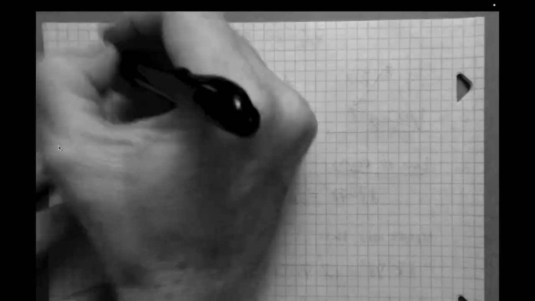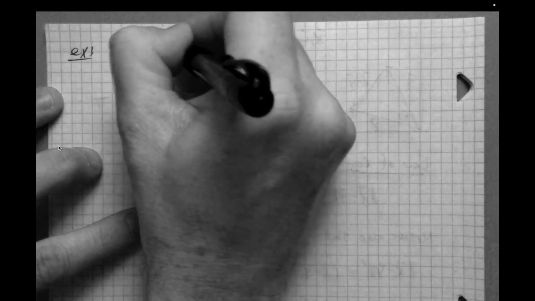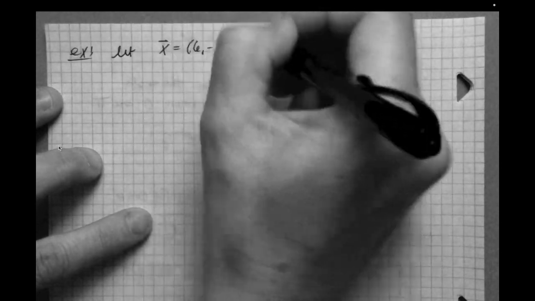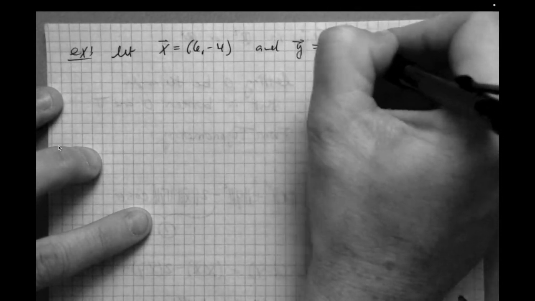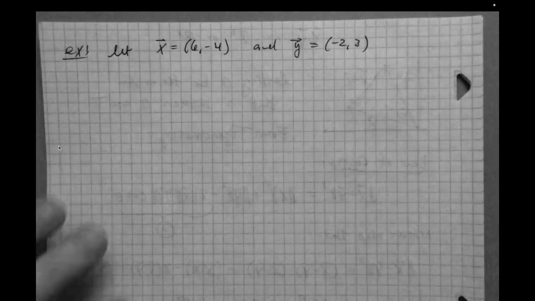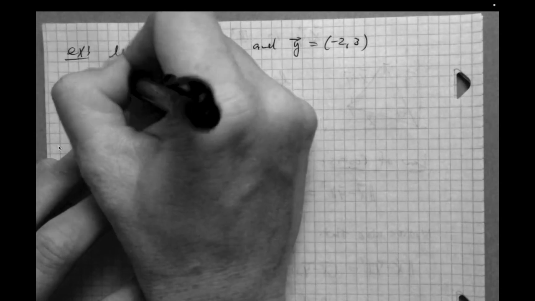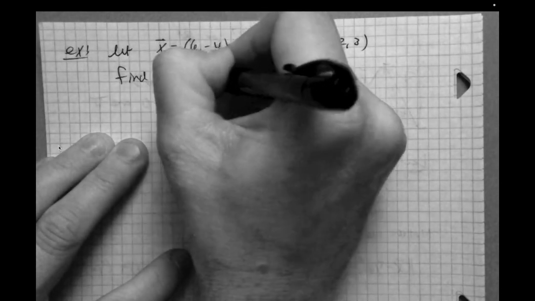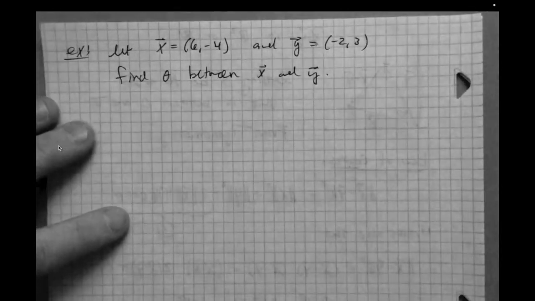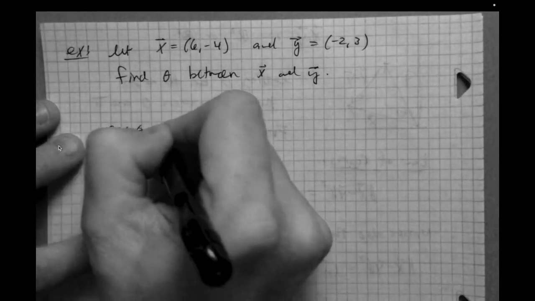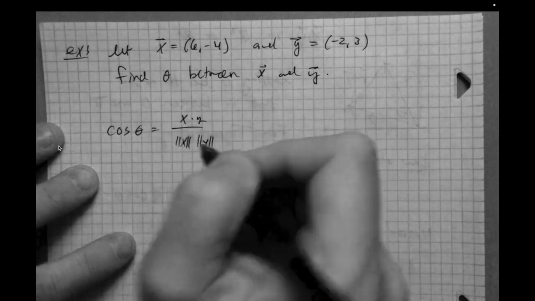Okay, so let x equal (6, -4) and y equal (-2, 3). Let's find theta between x and y. Let's find the angle. So what we saw before was that the cosine of theta is x dot y over the norm of x times the norm of y.